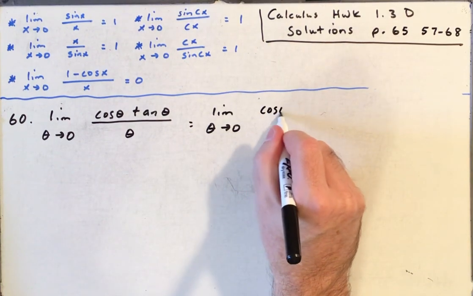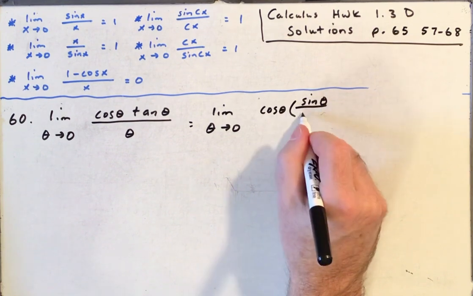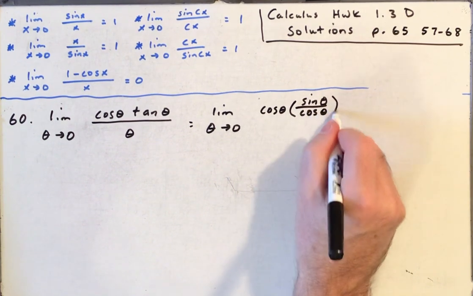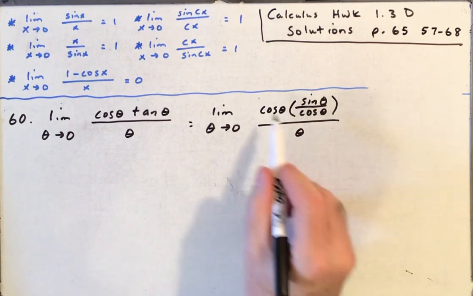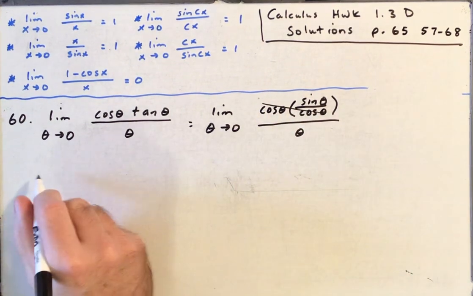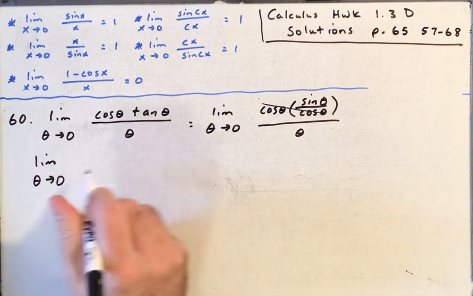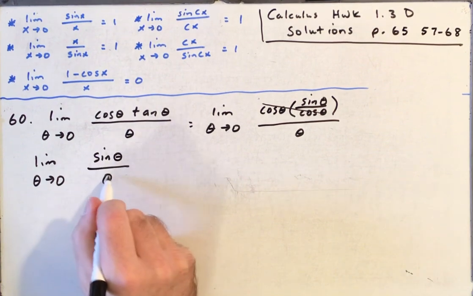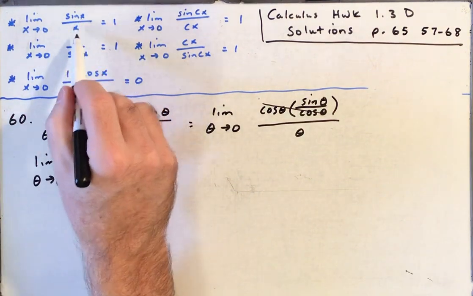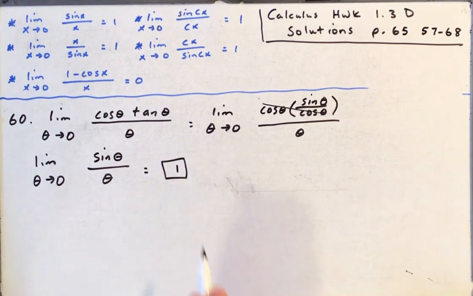So we'd have cosine theta times sine theta over cosine theta over theta. Cosines will cancel, and you have the limit as theta approaches 0 of sine theta over theta, which there you go, it's the same as sine x over x. That is equal to 1. Beautiful.